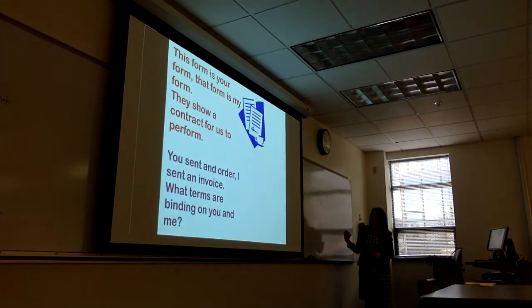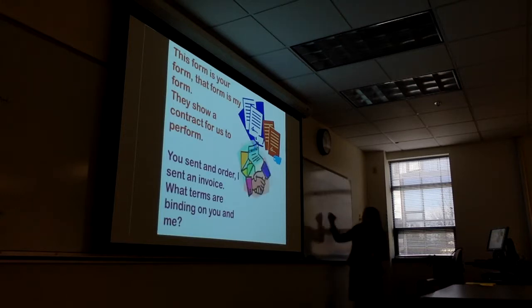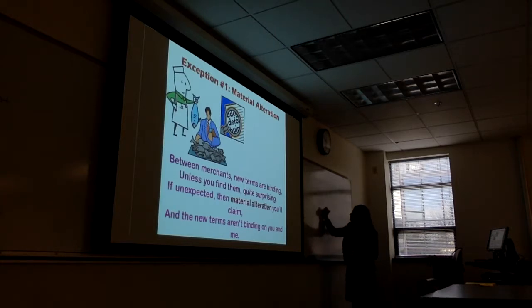This form is your form, that form is my form. They show a contract for us to perform. You sent an order, I sent an invoice. What terms are binding on you and me? Between merchants, new terms are binding, unless you find them quite surprising.